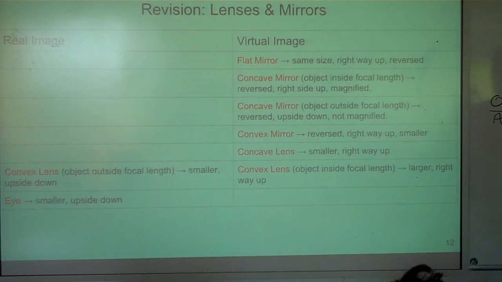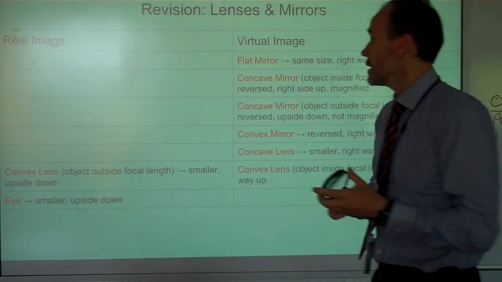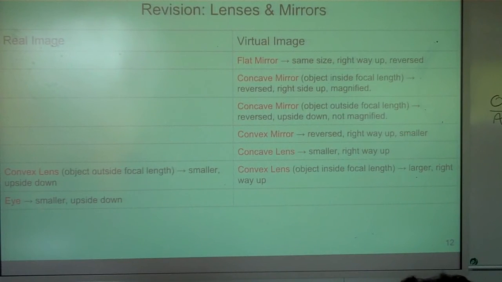Because your eye has a lens like that in it, and it's taking the images from outside and focusing them onto the back of the eye, which is curved, the retina, and then the nerve cells there, if light is hitting them, they fire and send. So they take a light signal and translate it to an electrical signal, which gets to my brain as the image that I'm seeing. Okay, so that's essentially what your eye is doing. We'll do eyes next, and that's it as far as that particular slideshow goes.